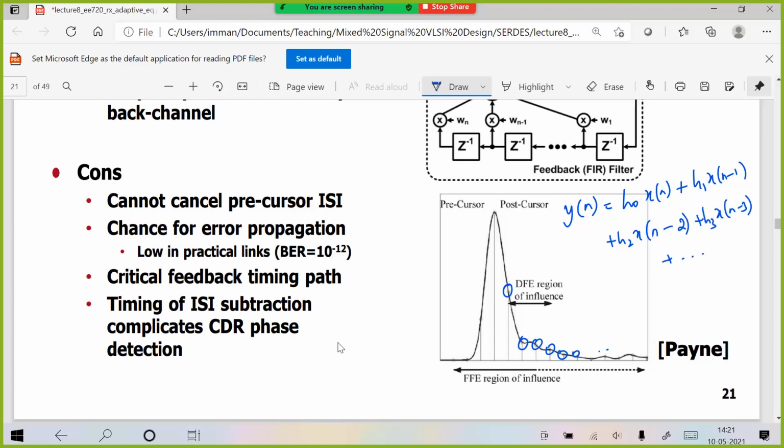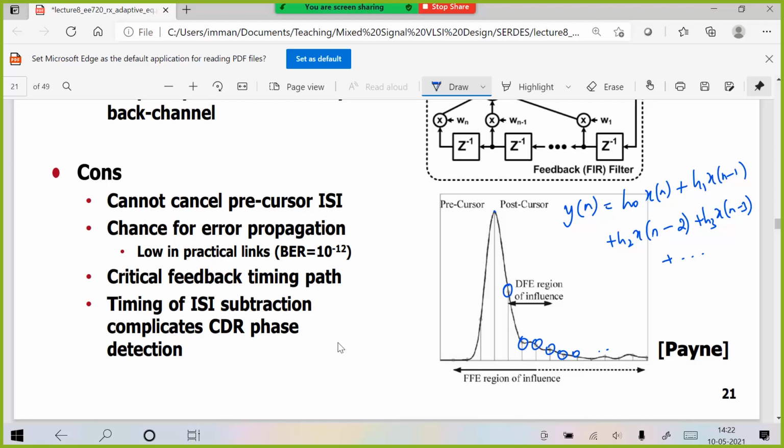Basically it is a sum of h0 into the current sample, whether it was a 1 or a minus 1. The modeling here is done as 1 and minus 1 because we are talking about differential channels, and so we are talking about differential voltages.